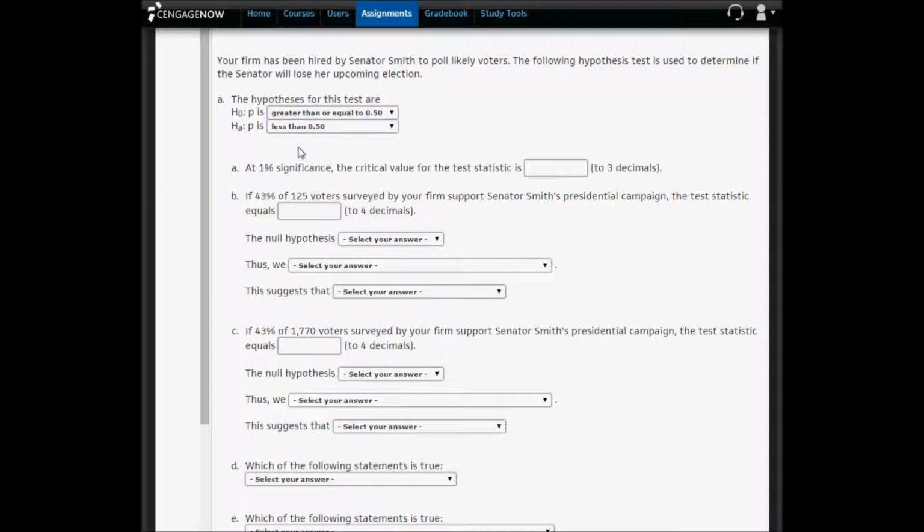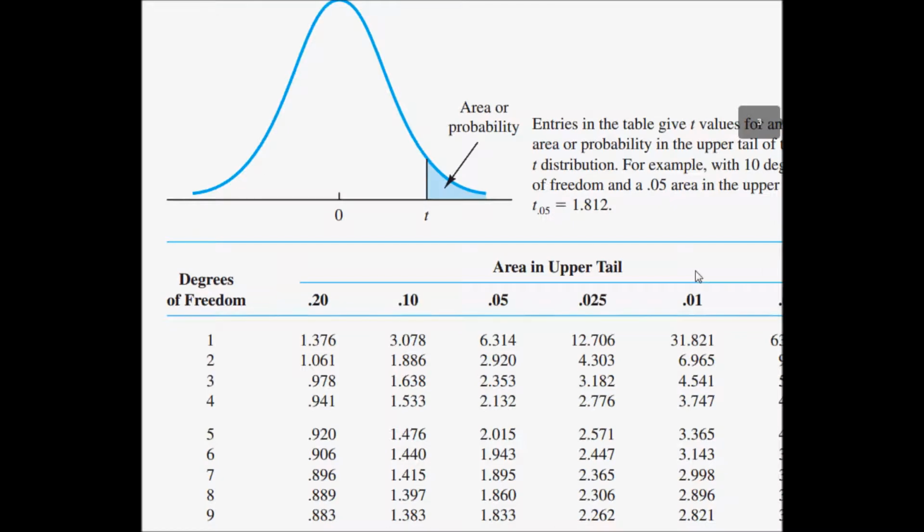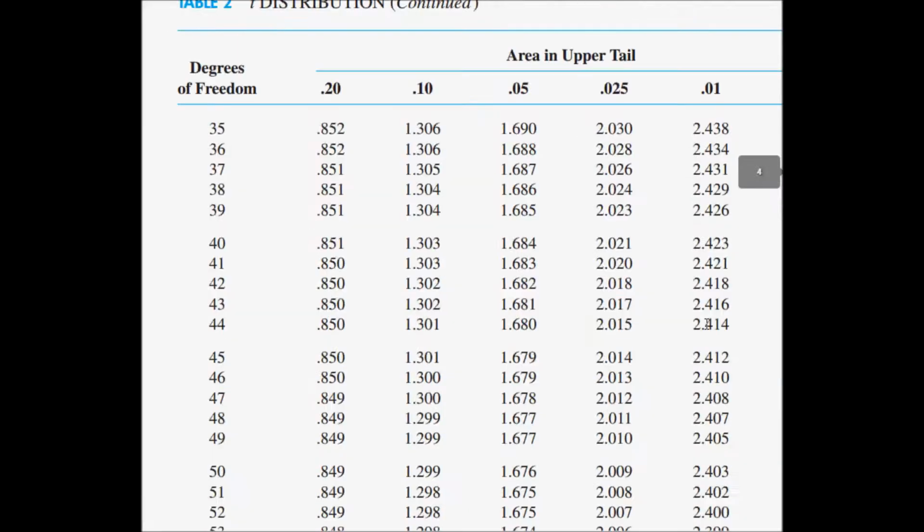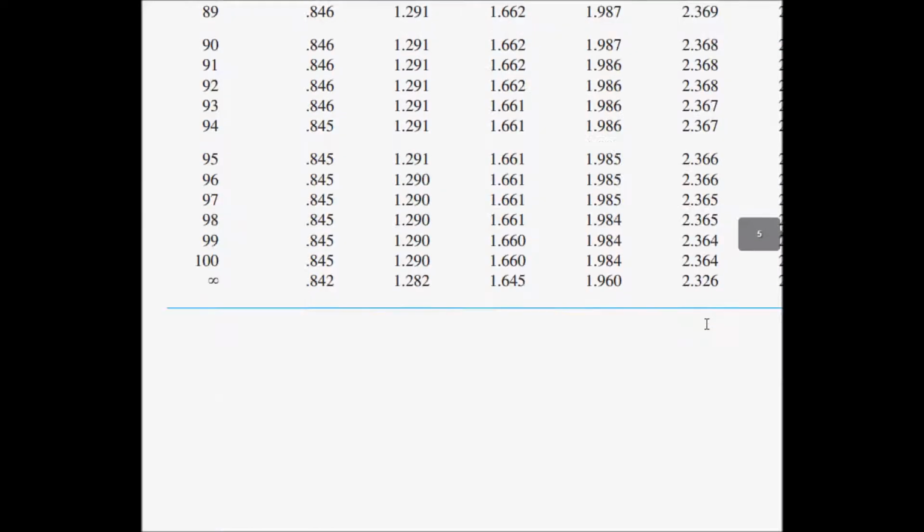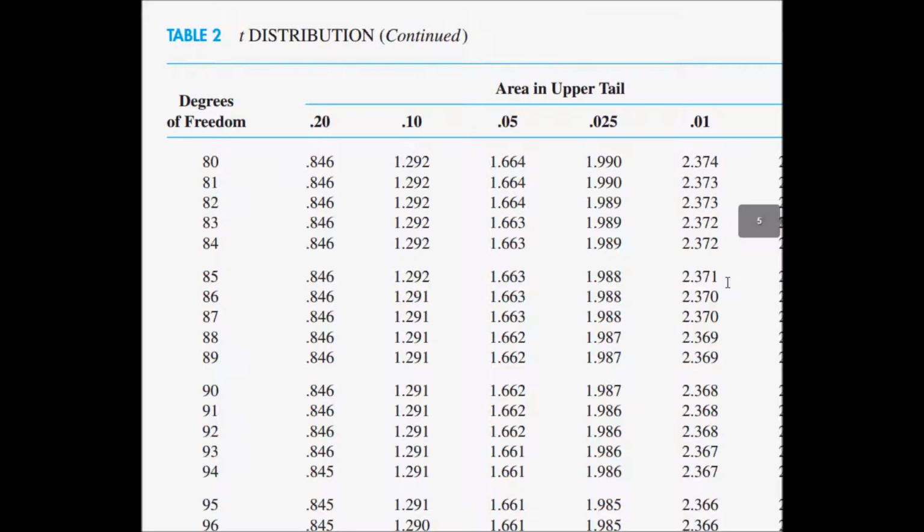Now, because this is a lower tail test, the critical value is negative, and we can find it in the t-table in the infinity row in column 0.01. So in column 0.01 and row infinity, we can find a z critical value, which is 2.326.